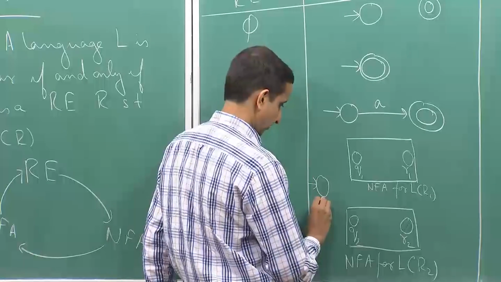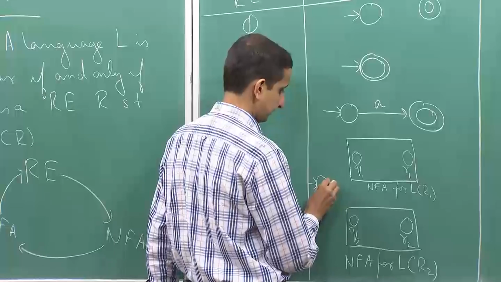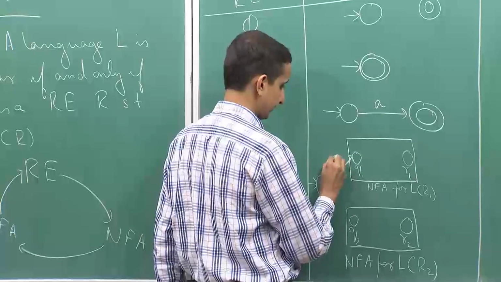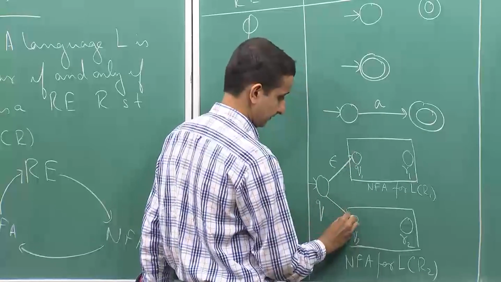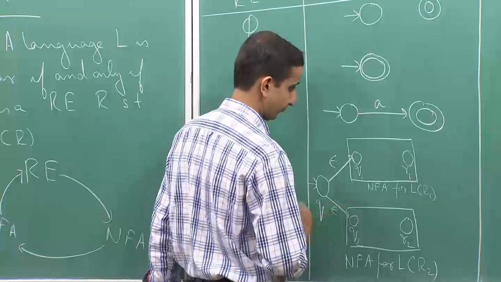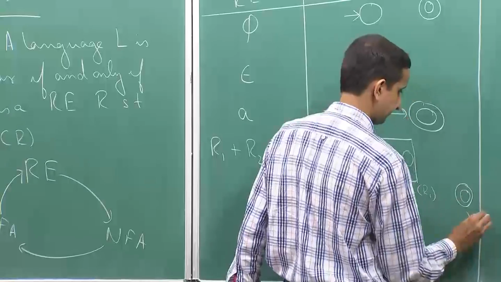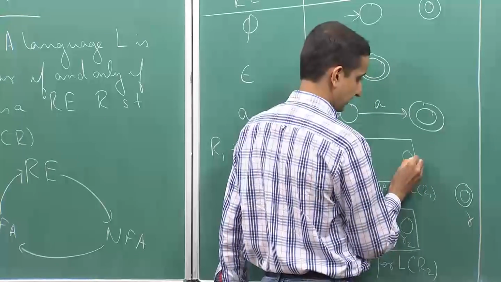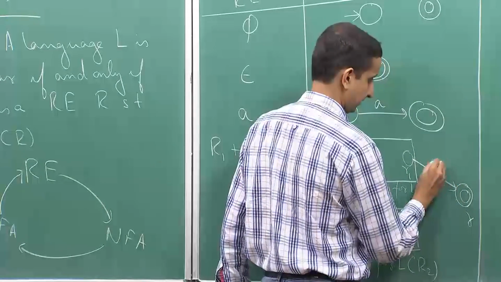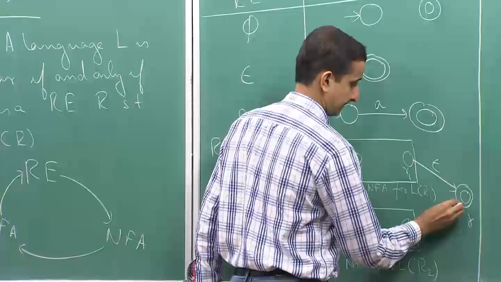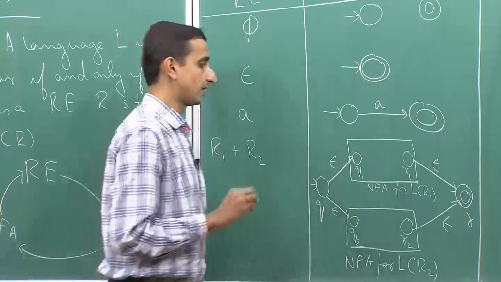Now, using these two NFAs, I construct another NFA which has a unique start state. Let us say I will call it Q, with epsilon transitions to Q1 and Q2, and it has a unique accept state, I will call it R, with epsilon transitions coming from R1 and from R2.